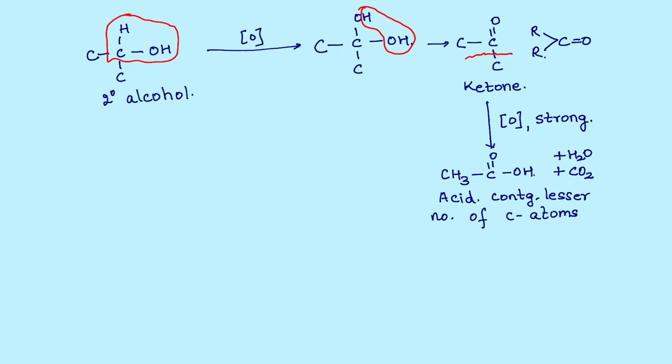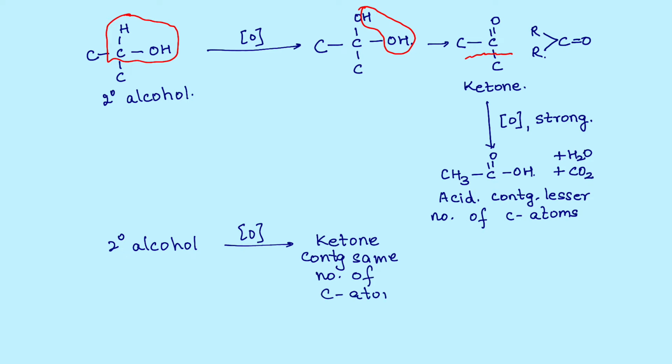So in 2-degree alcohols, first of all, on mild oxidation, they get converted into ketone containing the same number of carbon atoms, whereas on strong oxidation, you get acids with lesser number of carbon atoms. And you would be able to see the effervescence of carbon dioxide as well.